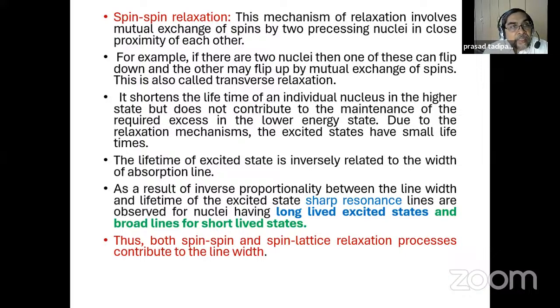So if it is absorbing more and more energy and relaxing by transferring energy in the transverse mode or in the longitudinal mode, it will become a broad line. So both spin-spin and spin-lattice relaxation processes contribute to the line width.